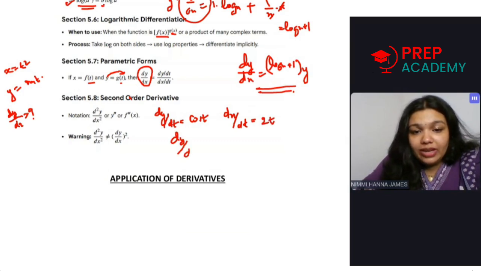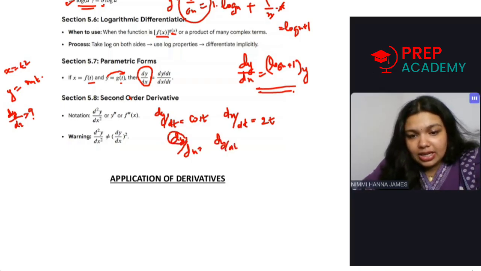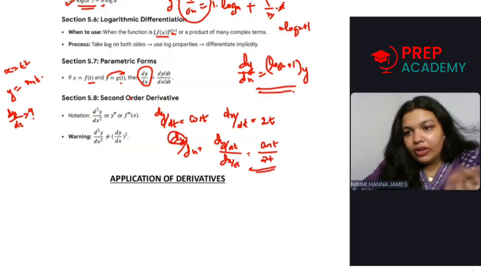Therefore dy by dx is dy by dt divided by dx by dt, that is cos t by 2t.